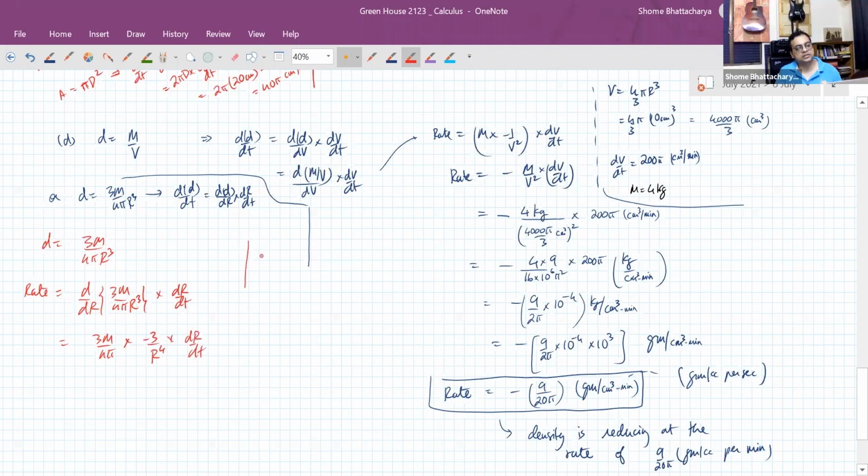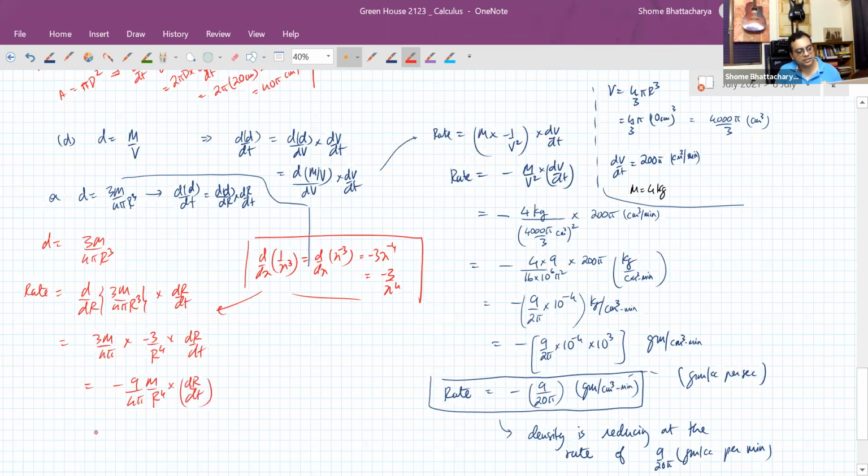Here we are just using this relationship, that differentiation of 1 by x cube with respect to x, that is differentiation of x to the power minus 3, is minus 3x to the power minus 4. This little thing we are using here. So this becomes minus 9 by 4 pi, m upon r to the power 4 into dr by dt.